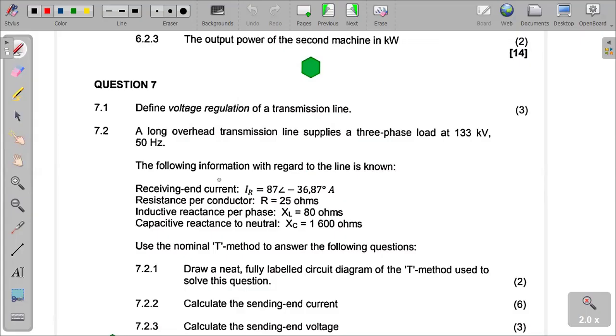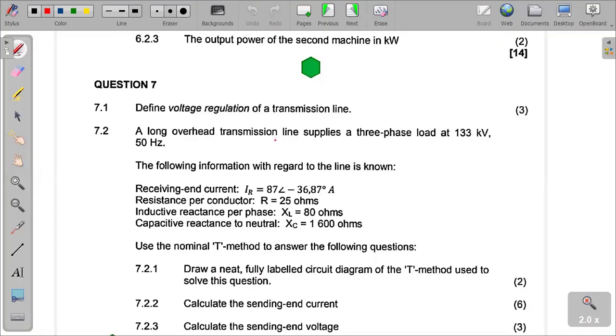It might interest us just to know, out of interest, that when it comes to transmission lines, there is a difference between the sending end voltage and the receiving end voltage. Often the sending end voltage is greater than the receiving end voltage. Why?